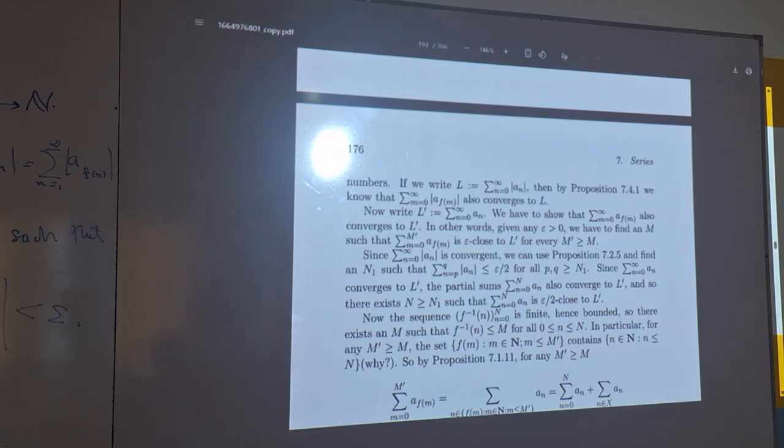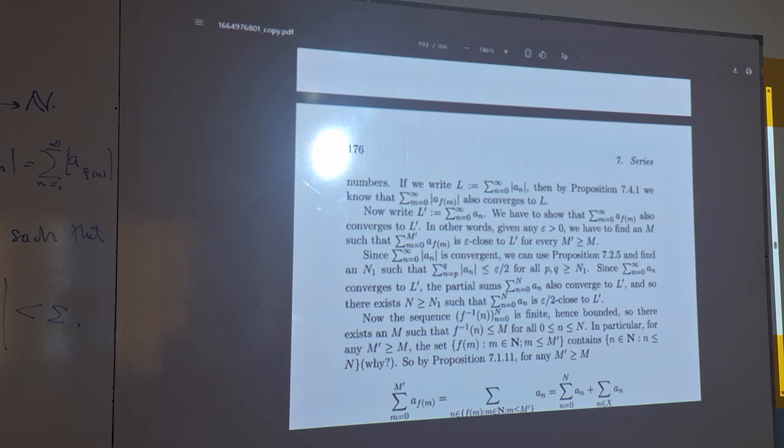So if you take any n less than or equal to capital N, then what I know is that it is bounded, so there is a capital M such that f inverse of n is less than or equal to capital M, because it is bounded by capital M for all n less than or equal to N. In particular, for any M dash greater than or equal to capital M, the set of all m belonging to N contains that set.